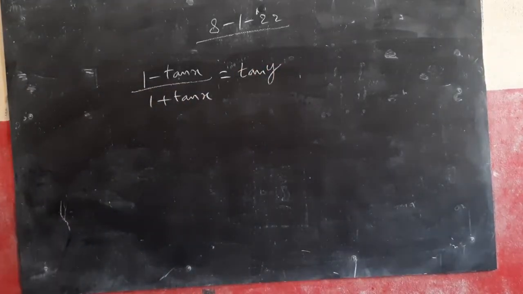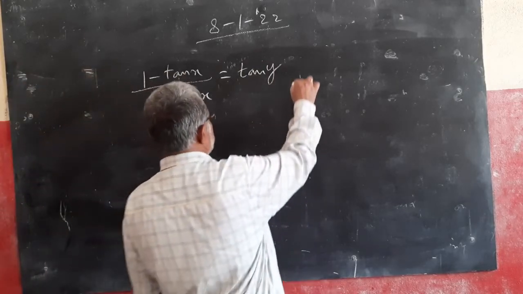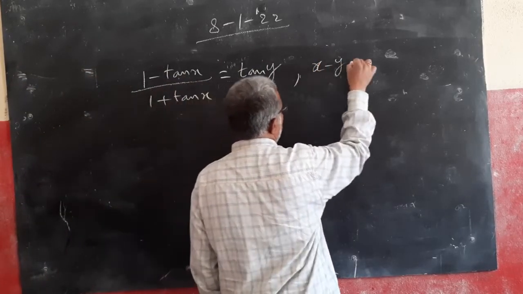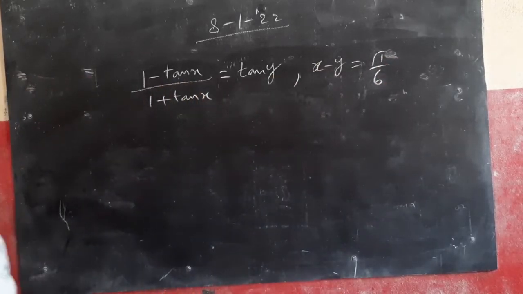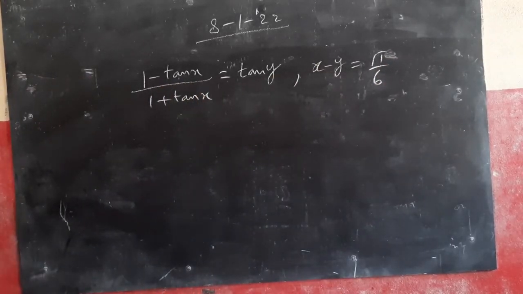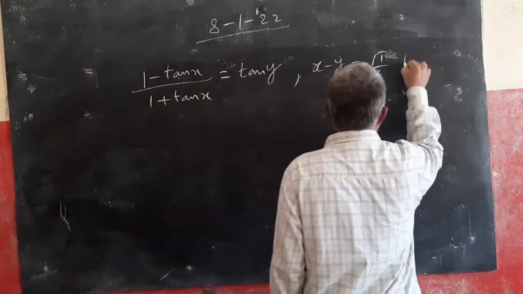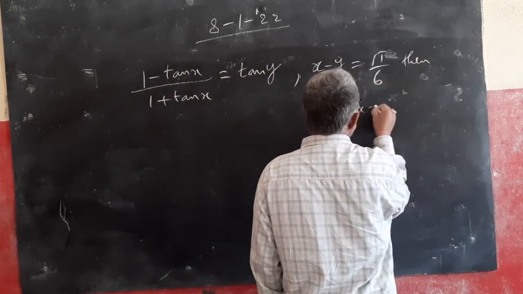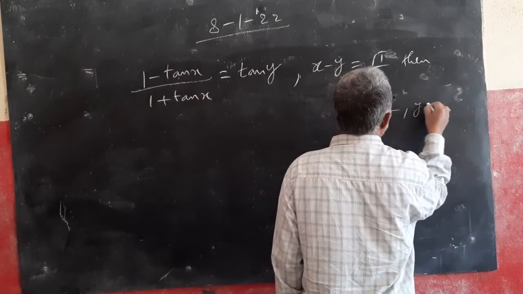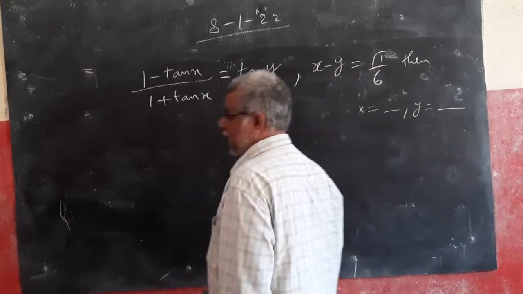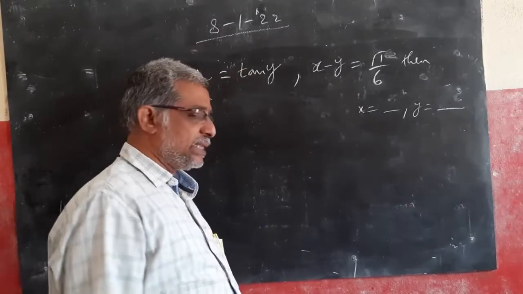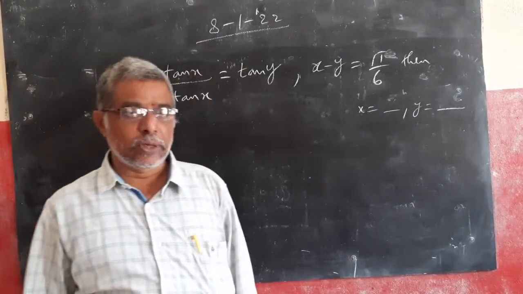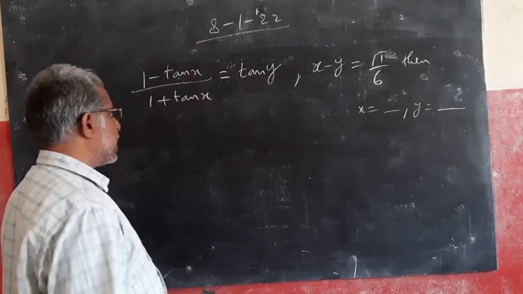Next, x minus y equal to pi by 6. Then he is asking x equal to dash, y equal to dash, where x and y are acute angles. The options are all acute angles, so we will go for acute angles.